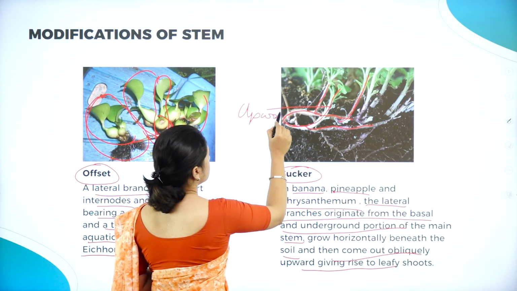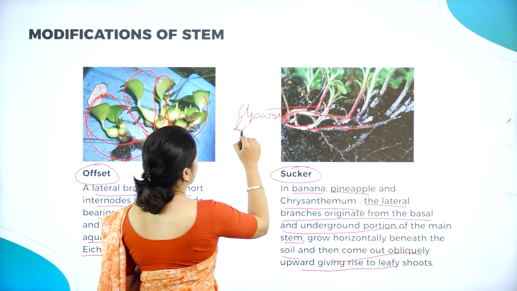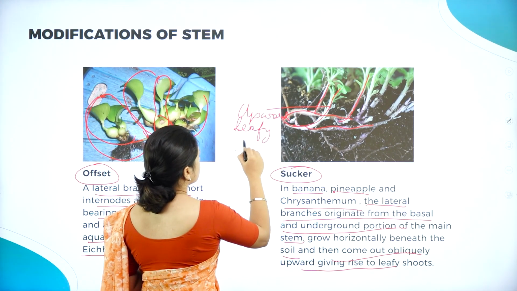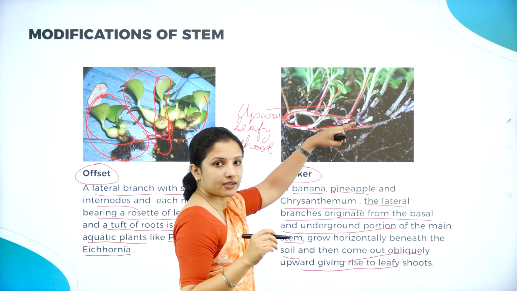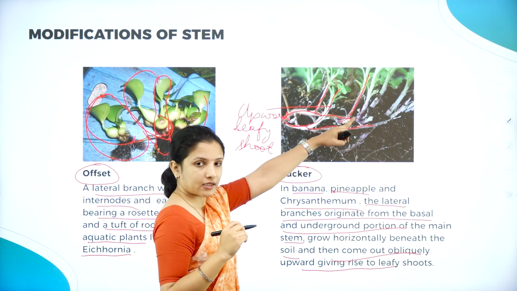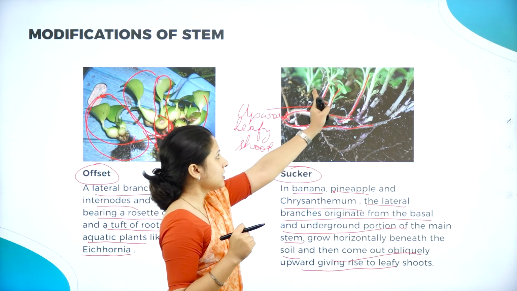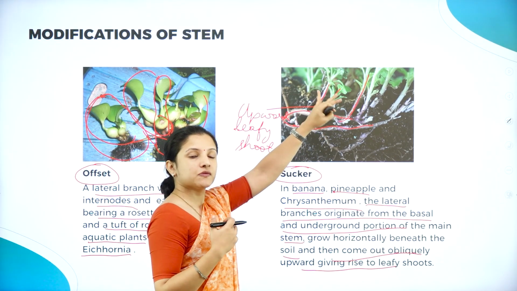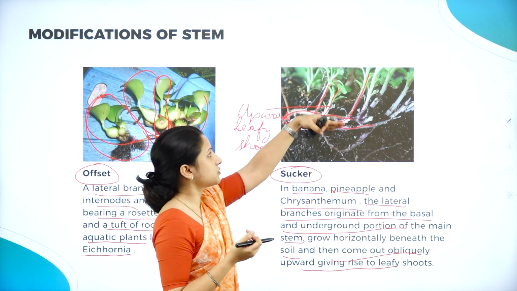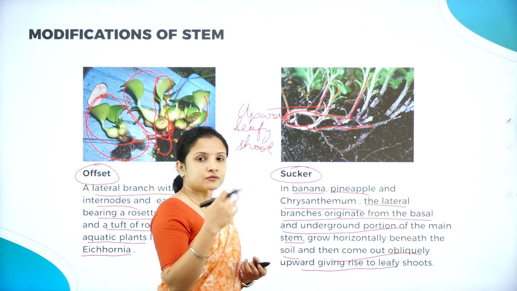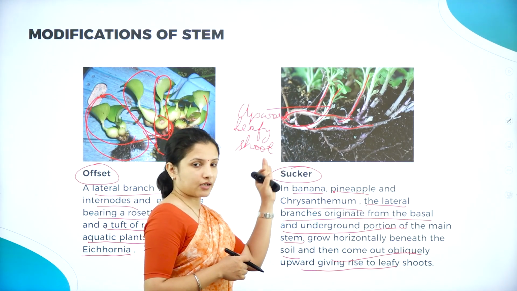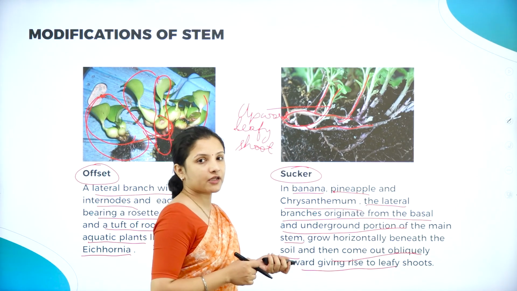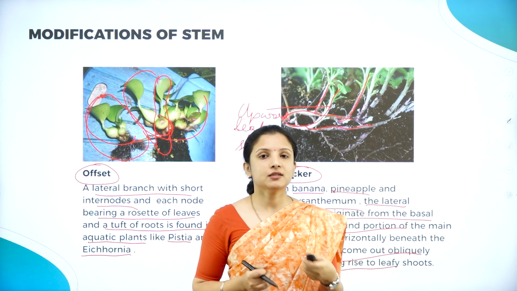So this is nothing but sucker. Inside the soil only lateral branches will arise, and from those lateral branches again new shoots will arise, which will start growing upwards beyond the soil. So these are nothing but suckers. These are some of the modifications that are seen in the stem.